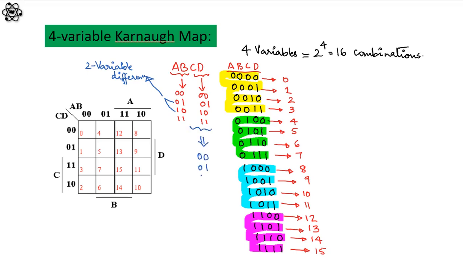So if I write the combination in the form 0 0, 0 1, 1 1 and 1 0, then the difference between the 2 combinations will be equal to 1 variable. That is why I have drawn a Karnaugh map wherein I have represented the binary variables in the form 0 0, 0 1, 1 1, 1 0.